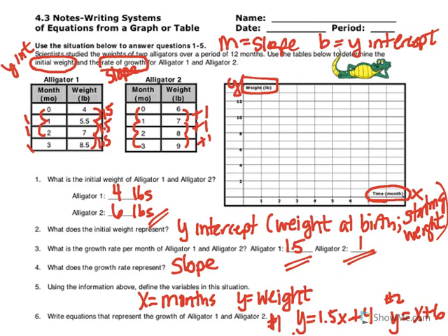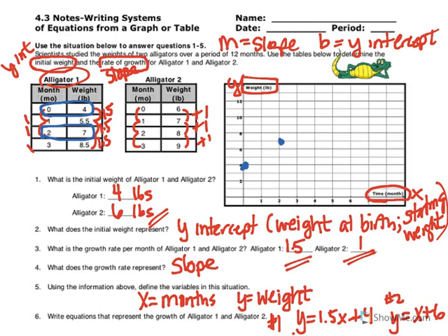Okay, now it says to graph them. So remember, when we graph, we always start with the y-intercept and then use the slope. So on this one, let's look at alligator 1. Instead of using the slope, I'm going to use 2 perfect points. Here's the y-intercept, 4, and then at month 2 it's at 7, so I'm going to go up there because that one's easy to plot.